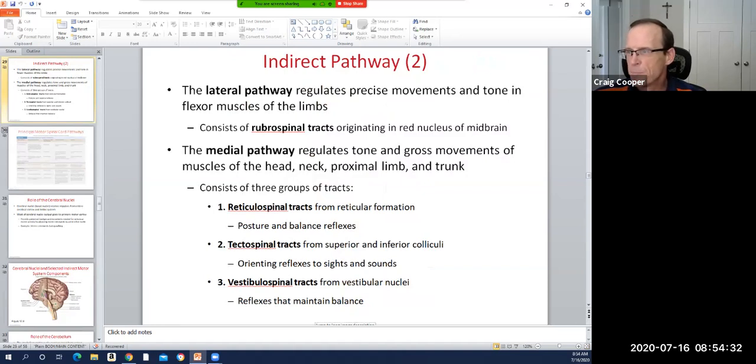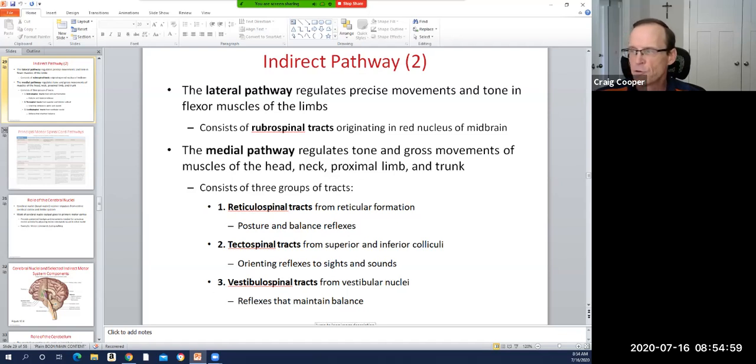All right, so briefly, we'll talk about these indirect pathways. And I think if you just know these bullet points, that's probably all you really need to know on them. The rubrospinal means red. So there's a portion of the brain and brainstem, or midbrain, excuse me, called the red nucleus. I guess it shows up being kind of red when they dissect people.